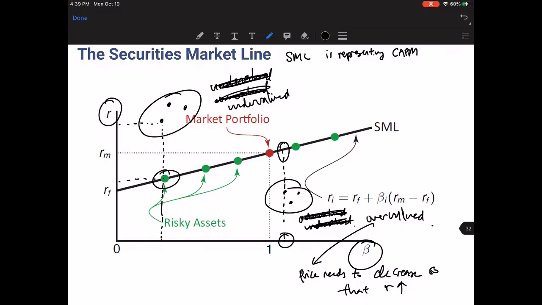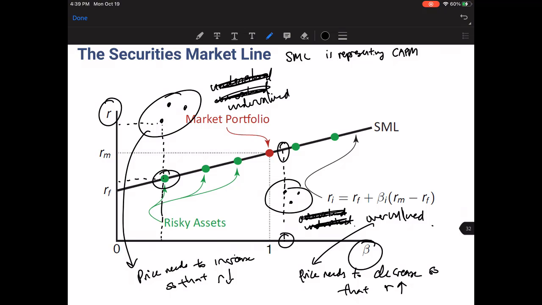Same thing here. Price needs to increase so that R decreases. So in terms of prices, I was right, but in terms of returns, it's the opposite.